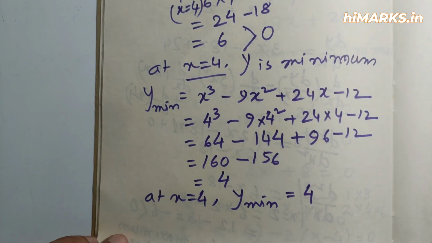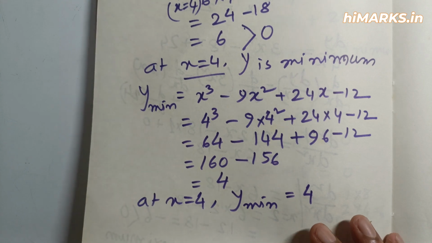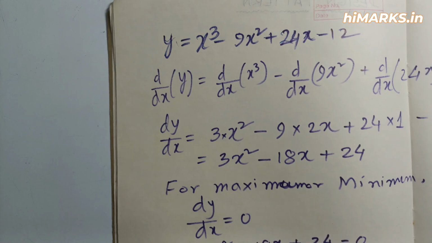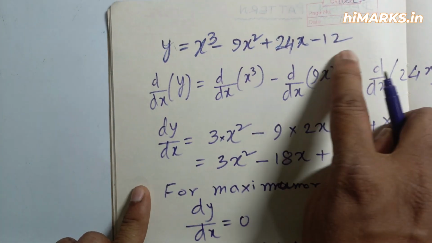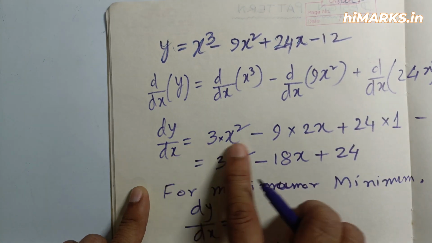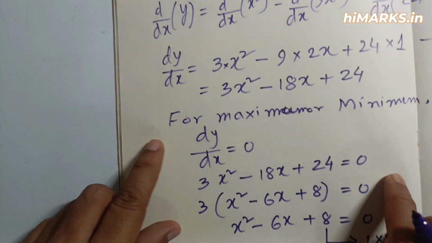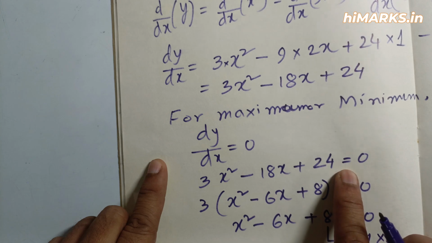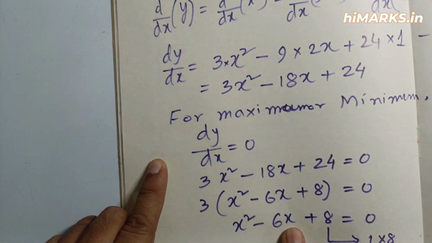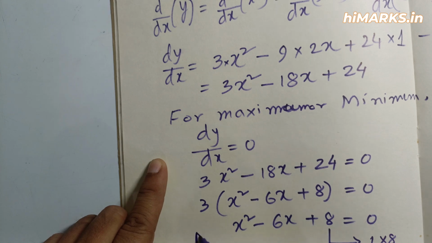Now let us see the total process from the beginning. First, we have to do the first derivative of the given function, and after that that first derivative will be equated to 0, that is, that equation equal to 0, then we need to solve the equation.